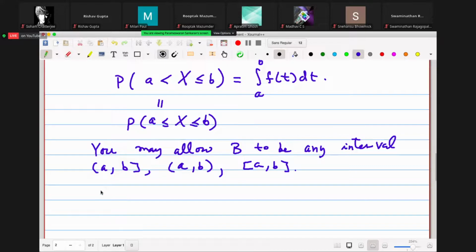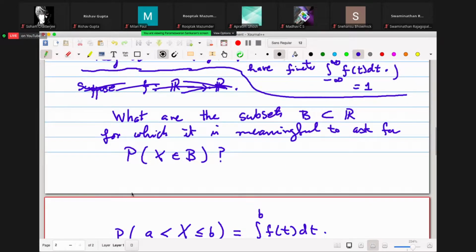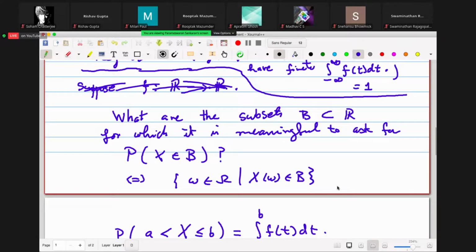This is meaningful if and only if this is equivalent to asking omega in capital Omega such that X of omega is in B. So this must be in script F.